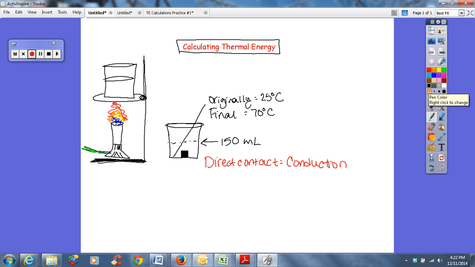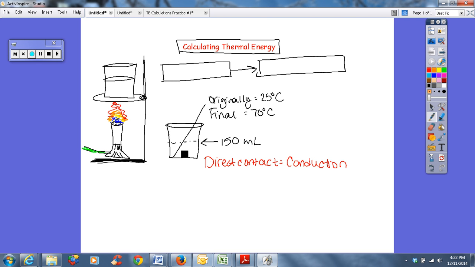I'm going to be asking you to make interaction diagrams. An interaction diagram shows between two different substances how thermal energy was transferred and from what to what. What goes in the box on the left is the substance that did the transferring of energy, the substance that was warmer to begin with. In this case, it was the metal cube, so we're just going to write metal.